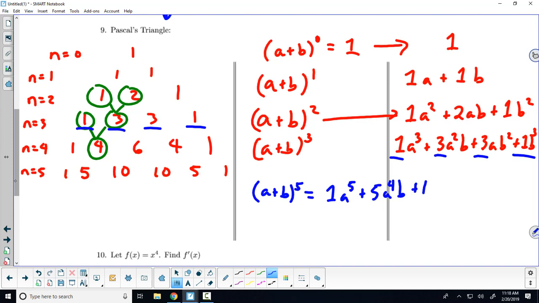So this gives me then plus 10a cubed b squared plus 10a squared b cubed, plus 5ab to the 4th plus 1b to the 5th. And I just raised that to the 5th power with no work at all.